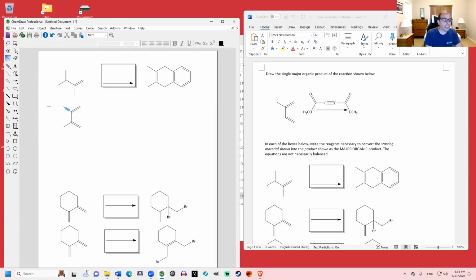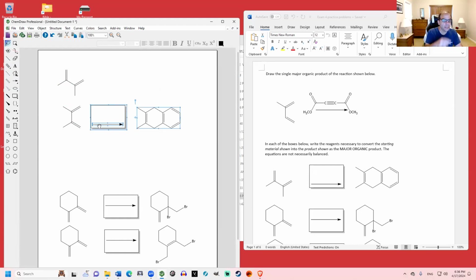It may be a little easier to recognize if we turn the top molecule so that it looks like this. And then you can see that this part of the molecule, which I'll color in blue, becomes this part of the molecule.